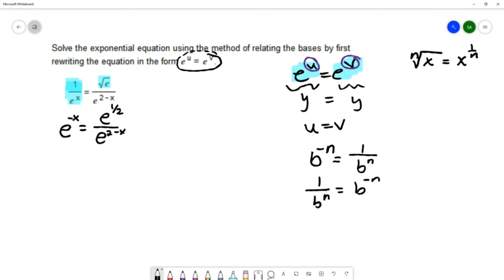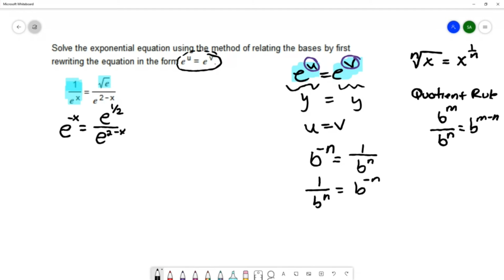And then we're going to use another property of exponents called the quotient rule. The quotient rule says that if you have a quotient, a fraction, and in the numerator and denominator you have expressions with the same base, so we'll say in the numerator we have b to the m, and in the denominator we have b to the n, then when you have division of exponents with the same base, we subtract those exponents to simplify.